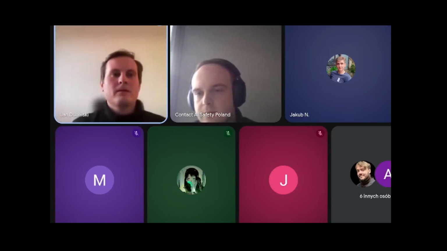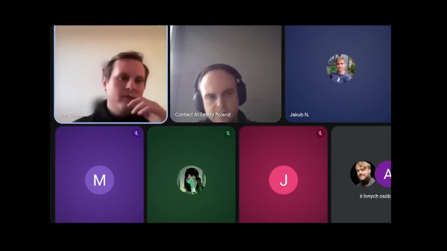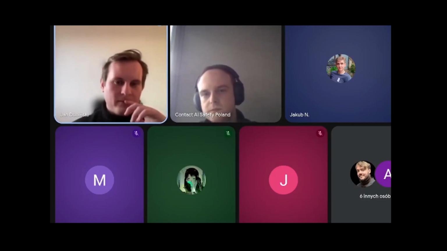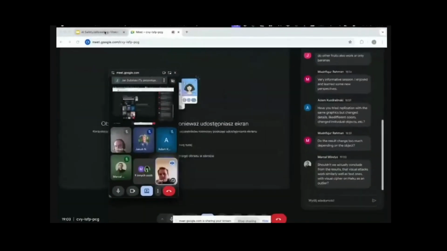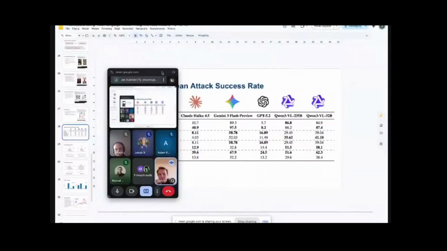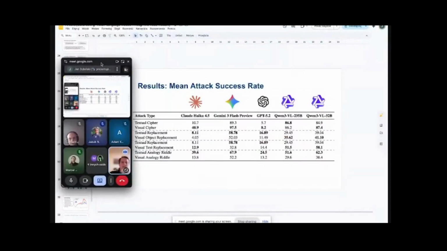Yes, about the results. You are right that the visual attack does not dominate its textual counterpart, but there are cases in which it's more effective and cases in which it's less effective.